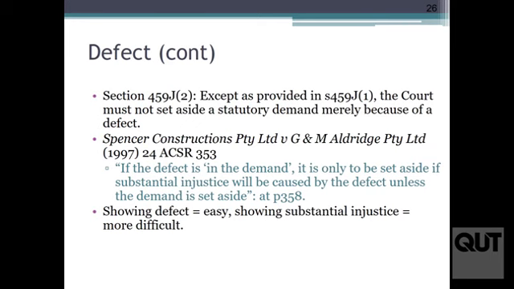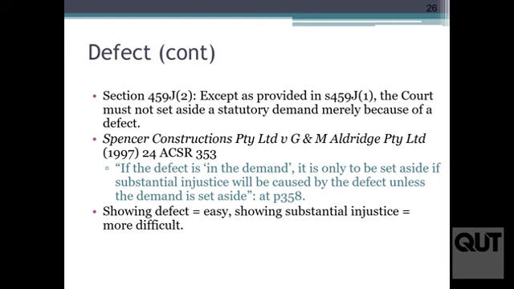Now, importantly, Section 459J, subsection 2, says, except as provided in section 459J subsection 1, the court must not set aside a statutory demand merely because of a defect.